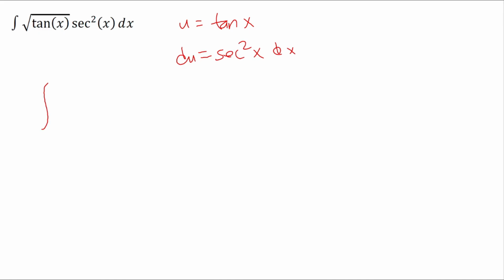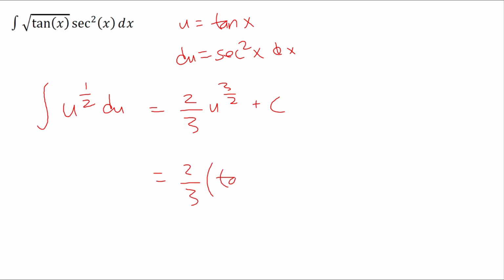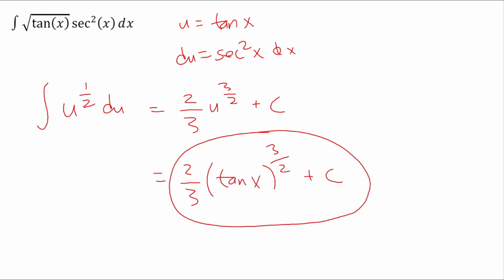And so this just ends up being an integral of the square root of u, or u to the 1/2 du. And that can be integrated to become 2/3 u to the 3/2 plus a constant. And then we just replace the u with tangent. So we have 2/3 of tangent of x to the 3/2 power plus a constant.